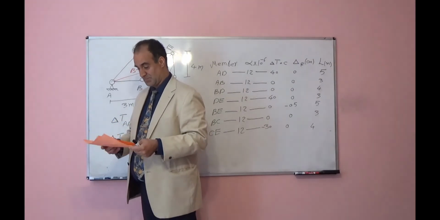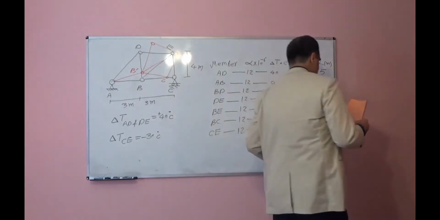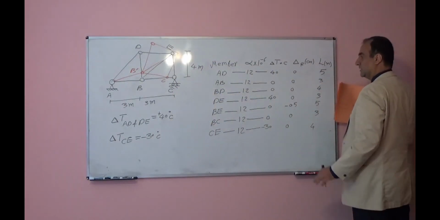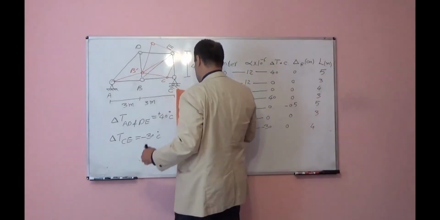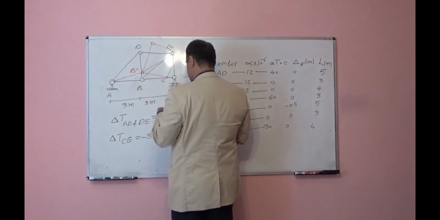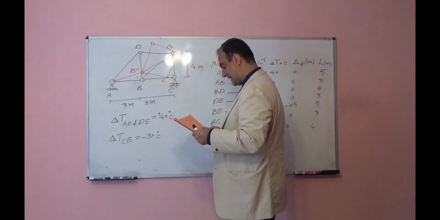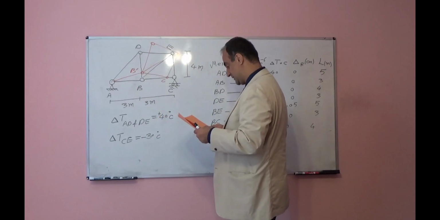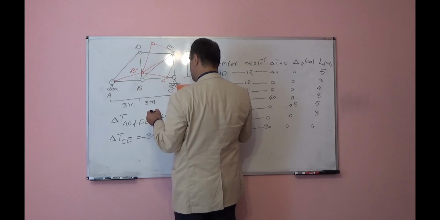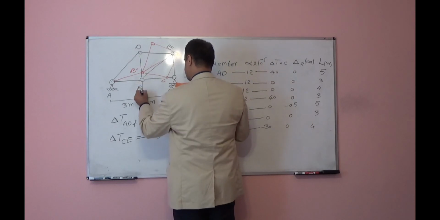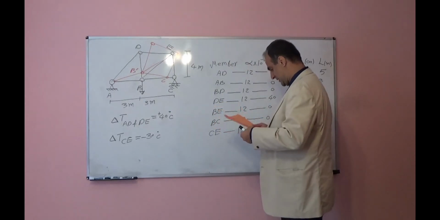Then we should add one more column. Because we want to find deflection at point B, we will apply unit load at point B. You can apply downward or you can apply upward.